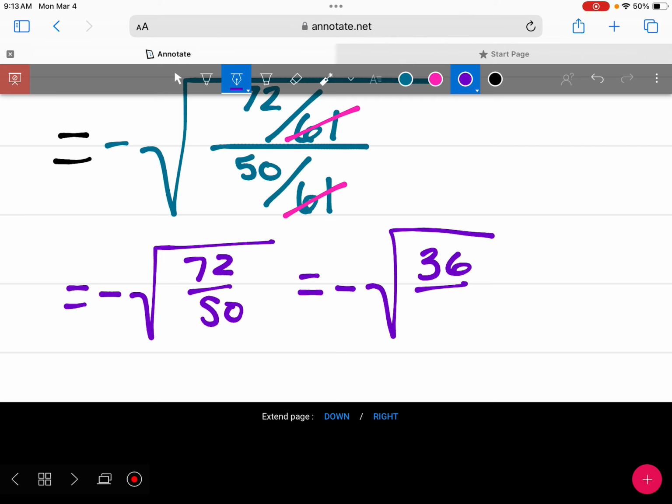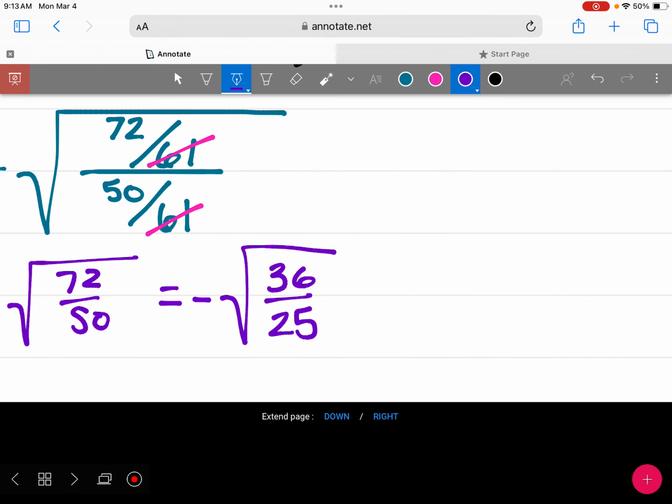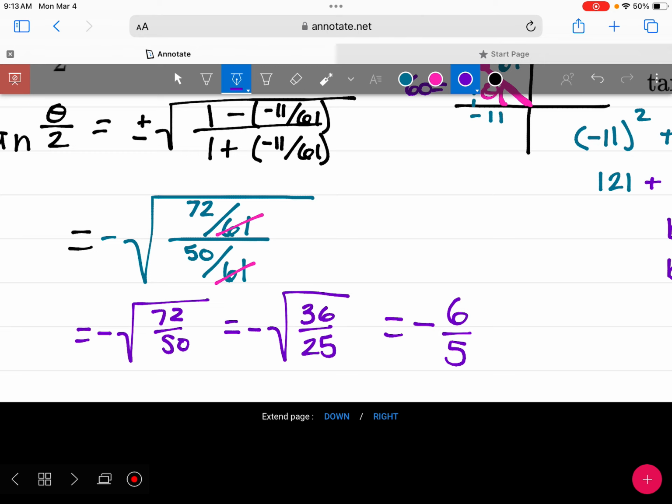So if I have the square root of 36 over 25, can I simplify that again? Yep, don't forget, this is negative 6 over 5. So the exact value for tangent of theta over 2 is negative 6 over 5.